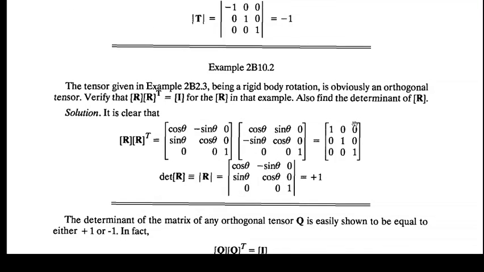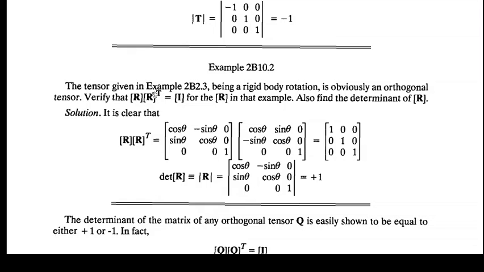Now there is another example which is related with the rotation. In this example, we are seeing that this tensor is also an orthogonal tensor. Let's see how. We have calculated this. You also have to calculate R transpose R, that must be identity. So let's calculate it. It is identity, so R is orthogonal.